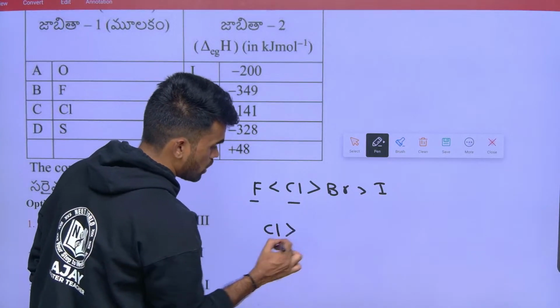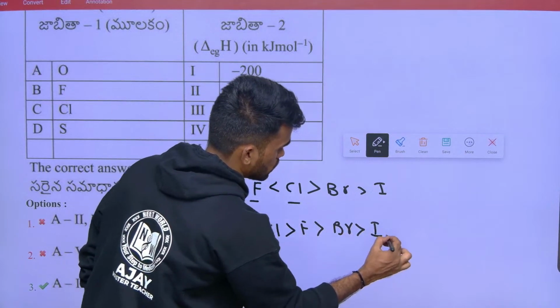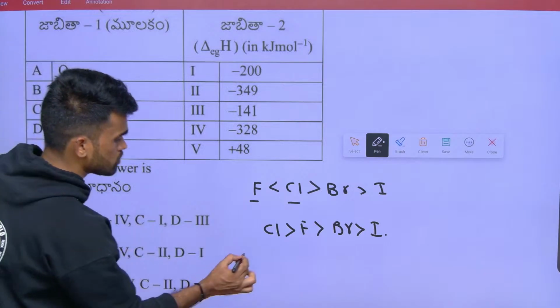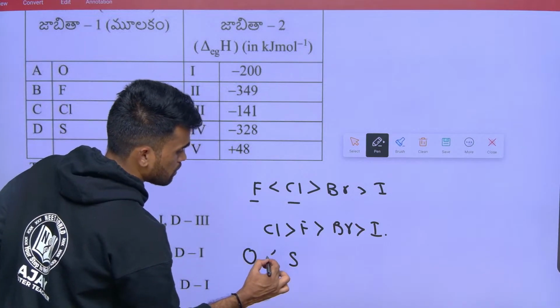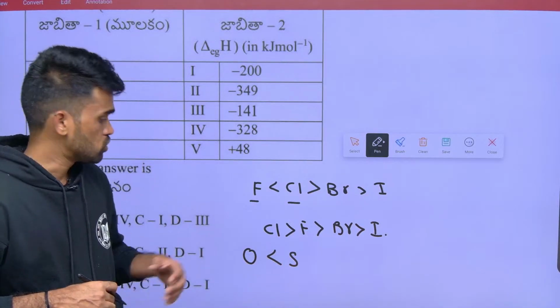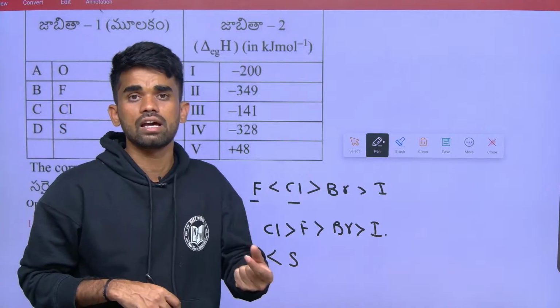The summarized order is chlorine, then fluorine, then bromine, then iodine. This is the order for halogens. When it comes to oxygen and sulfur, remember sulfur has more electron gain enthalpy than oxygen. So in the oxygen family, oxygen will have the least electron gain enthalpy.